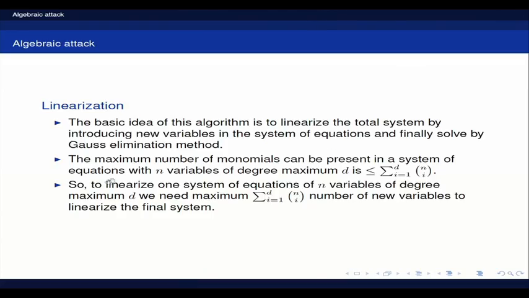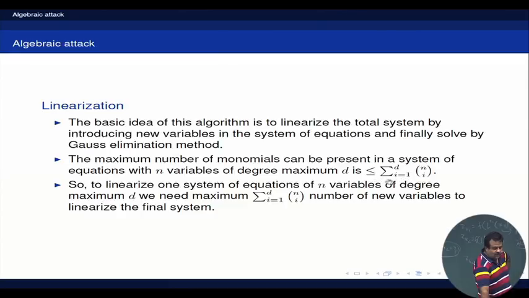Then the maximum number of monomials that can be present in a system of equations with n variables of degree d must be less than or equal to the summation of i equal to 1 to d of n choose i. So to linearize one system of equations of n variables of maximum degree d, we need at most this many new variables in the final system.